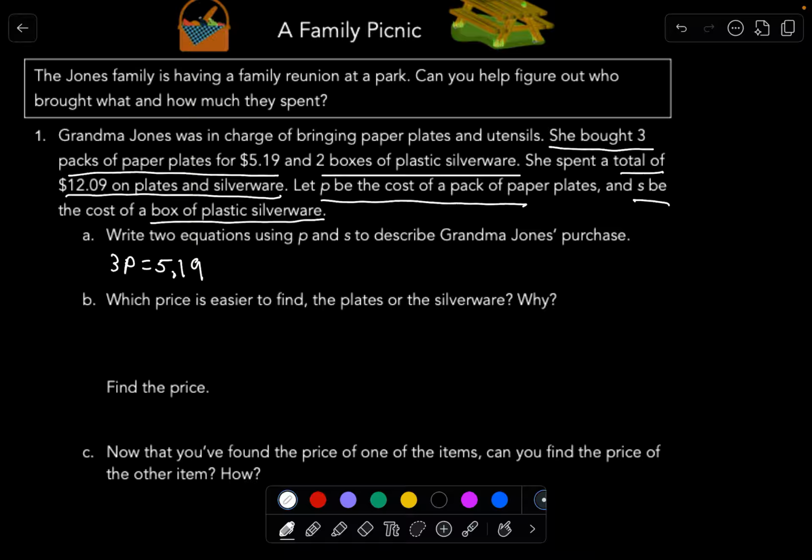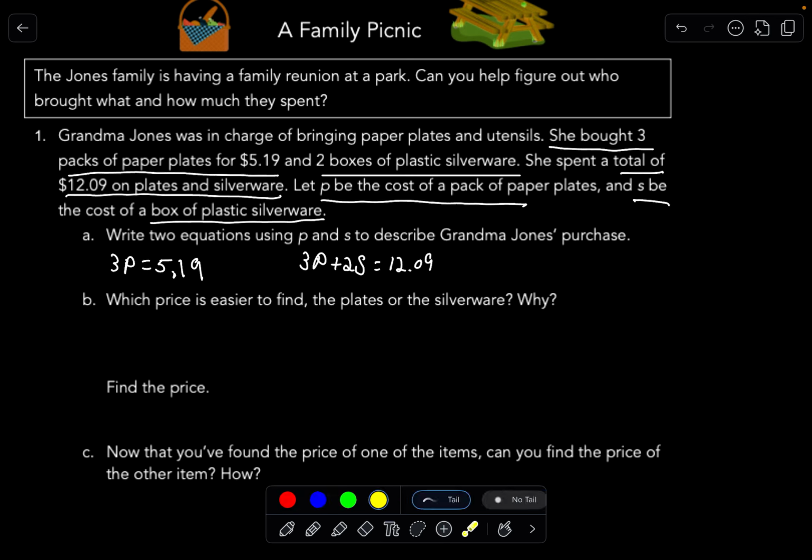Remember, P is the cost of a pack of paper plates. Then they also told you that she bought 3 packs of paper plates for $5.19 and 2 boxes of plastic silverware. So 3P plus 2S for a total of $12.09.